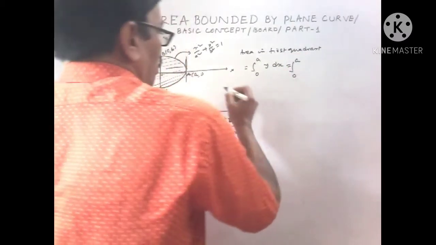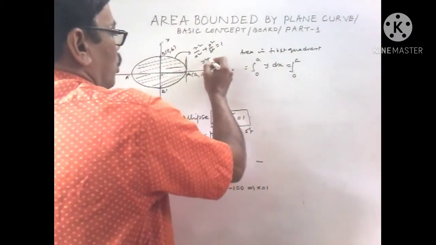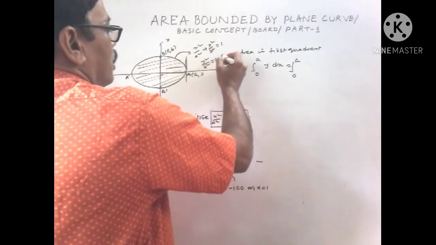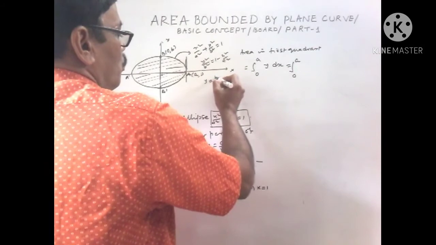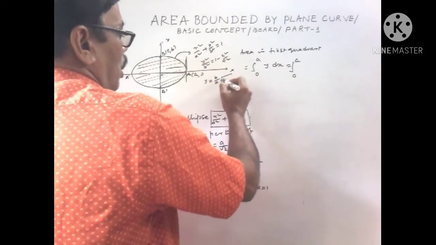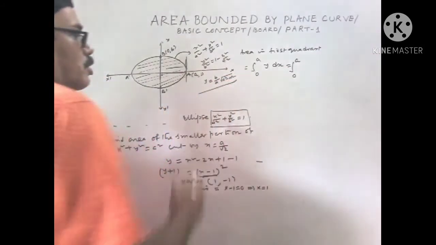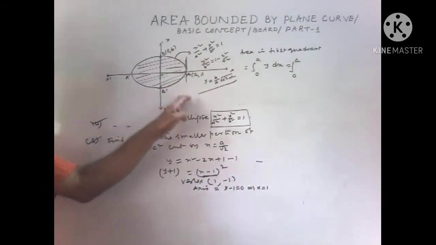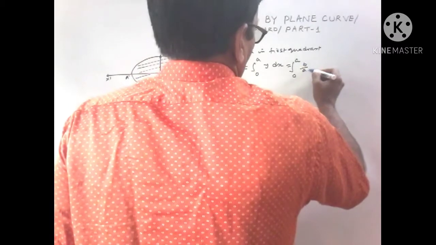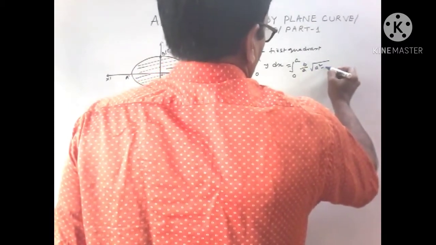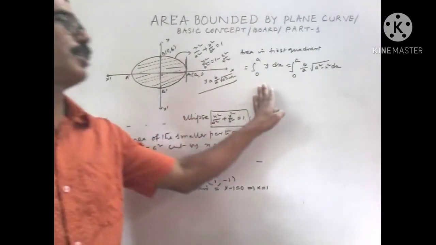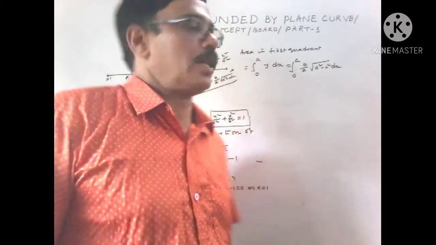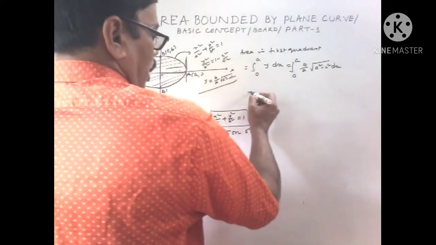Look, y square by b square equals to 1 minus x square by a square. So y equals to b by a root over a square minus x square. So we need the value of y. So this is b by a root over a square minus x square dx. Now it is a problem of integration. So b by a outside.